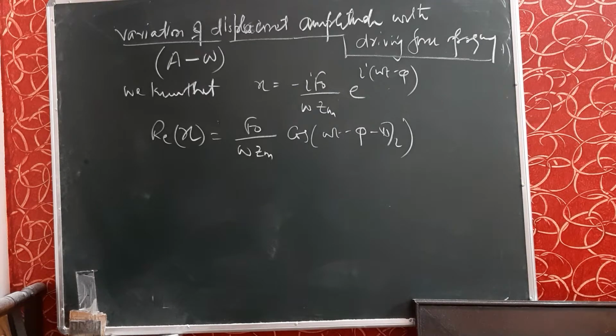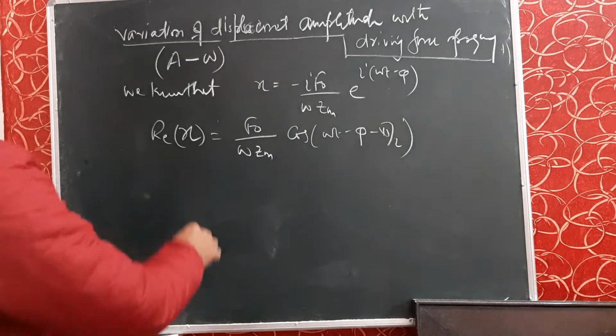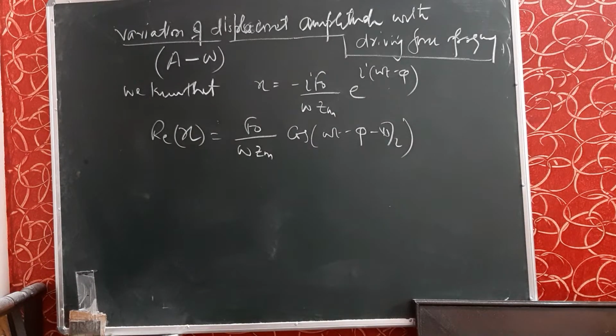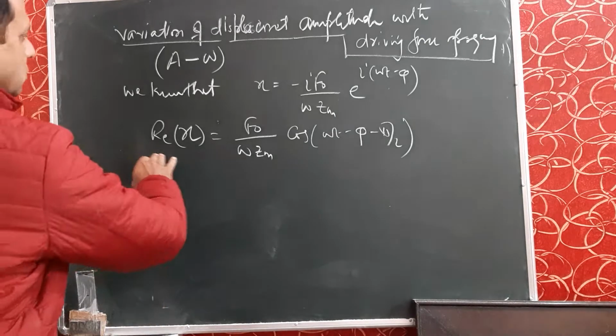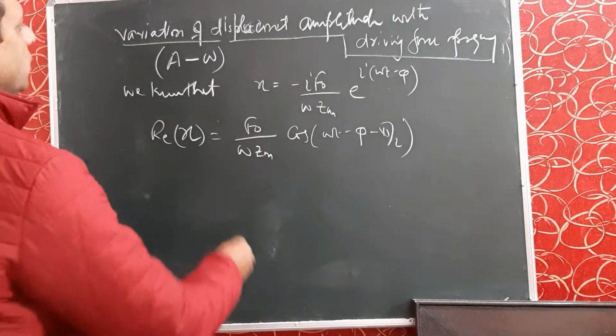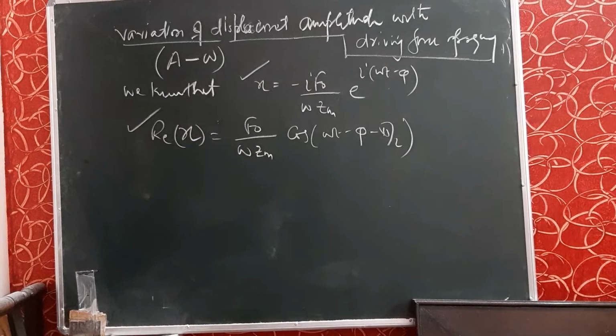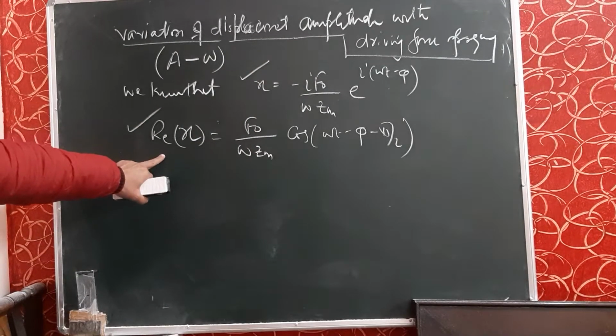I have already said that we can solve any article with either the real part or the imaginary part. In this book, we will prefer the real part. So, this is the equation for displacement, in which only the real part is considered.